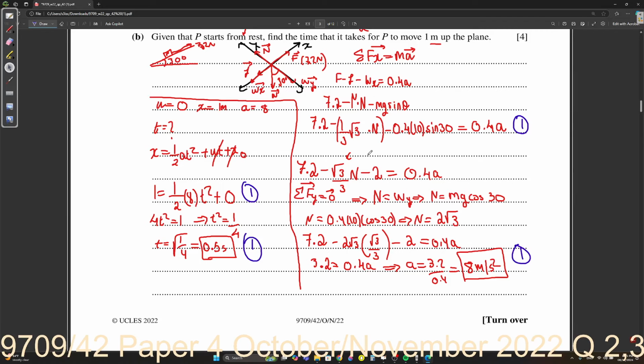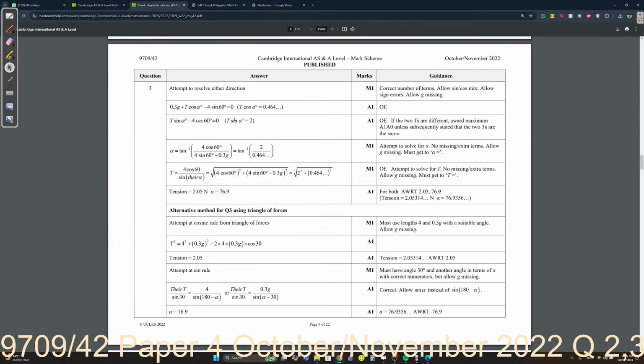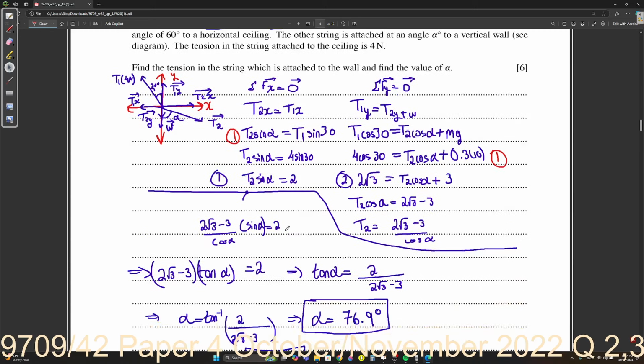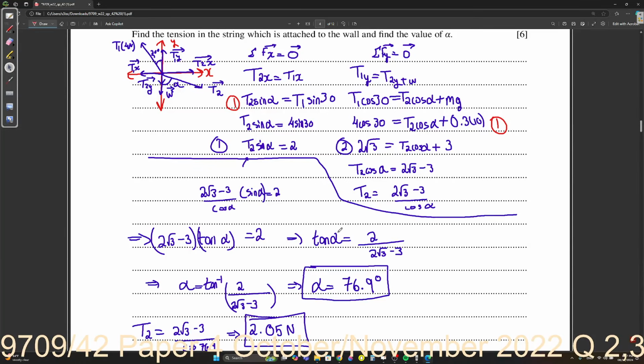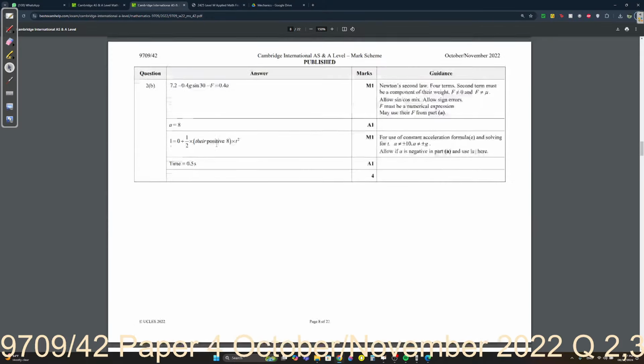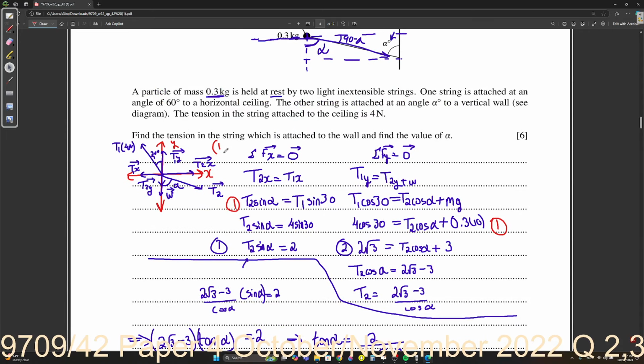These were all just solving. It's fine. Here, you would get 1 mark for this. Sorry, let me draw it in red. You'd get 1 mark for this. We said 1 mark for this, resolving. You would get 1 mark for the FBD because of the resolving.